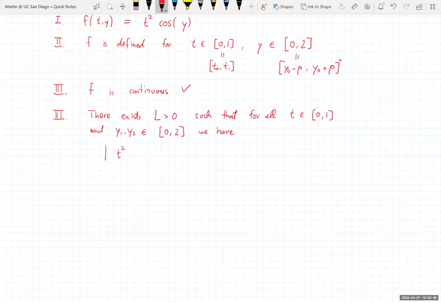t squared times the cosine of y1 minus t squared cosine of y2, if I take the absolute value of the difference, it's bounded from above by this constant L, which we try to find, times the absolute value of y1 minus y2.